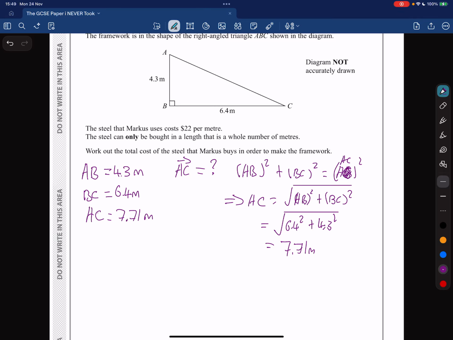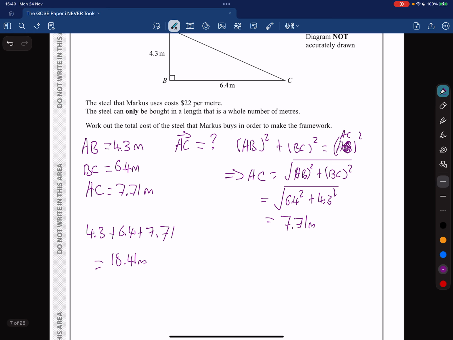Now AB plus BC plus AC is 4.3 plus 6.4 plus 7.71, which is equal to 18.41.